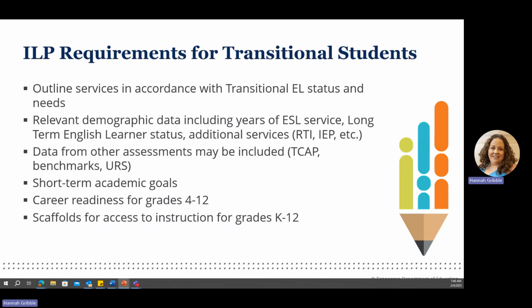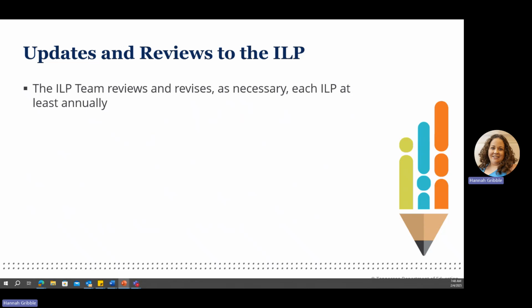ILPs for transitional students do require short-term academic goals and career readiness goals for grades 4 through 12. They also may include scaffolds for access to instruction for grades K through 12. The ILP team must review and revise each ILP at least annually.